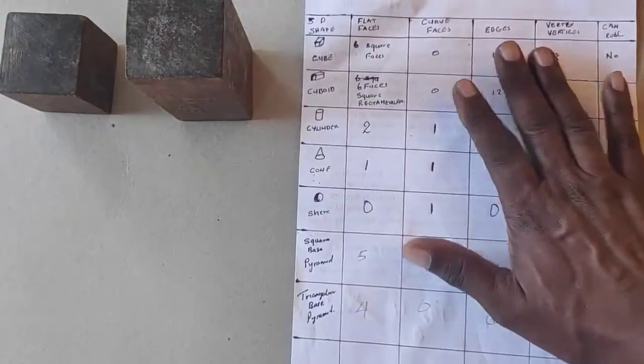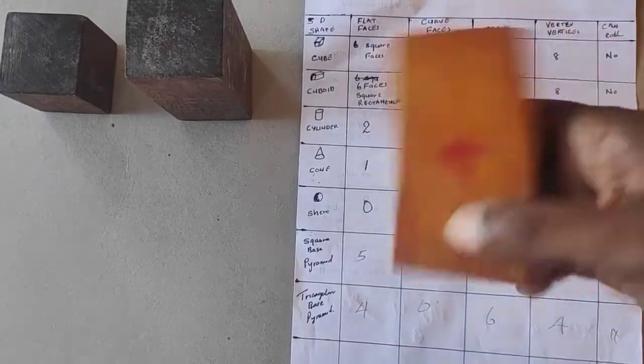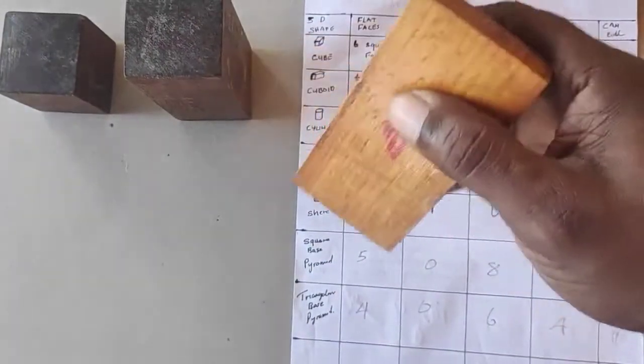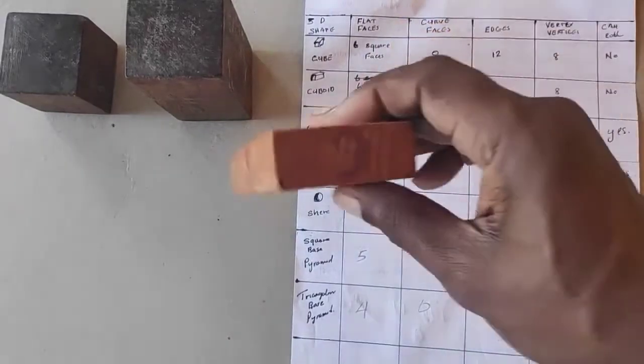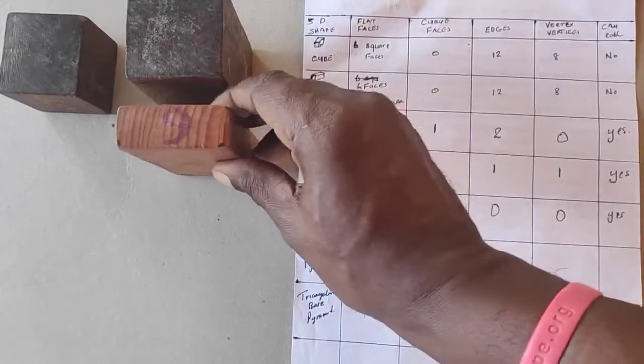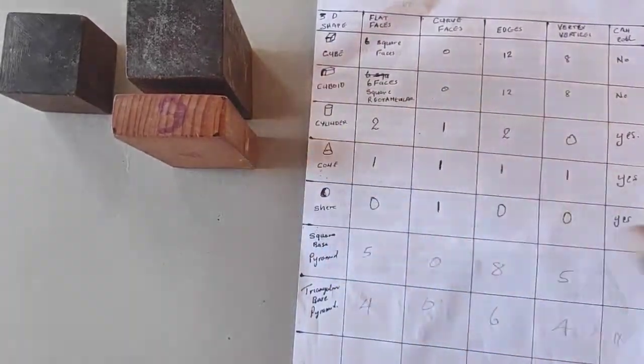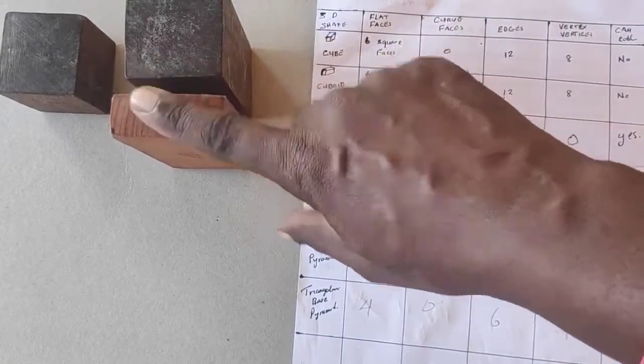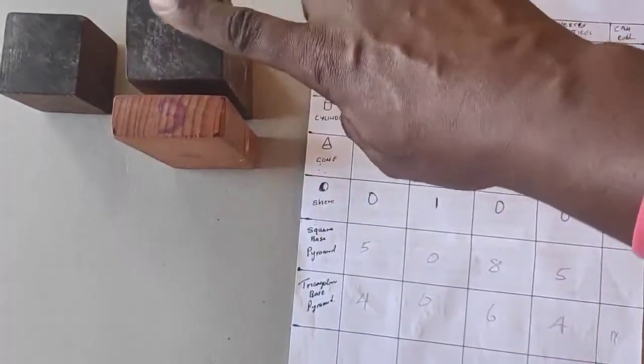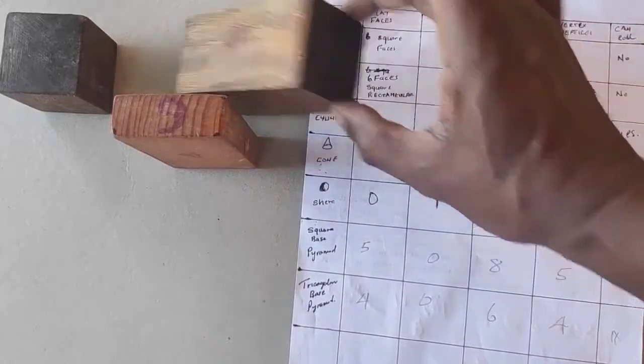Then we looked at the other cuboid, which has the same characteristics as the other cuboid. Same number of faces. The only thing different is that all of the faces on this one are rectangular, where this one has square and rectangular faces. Alright?